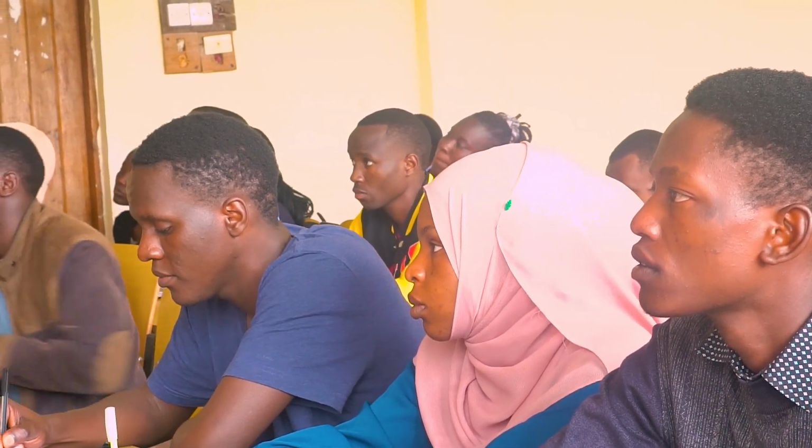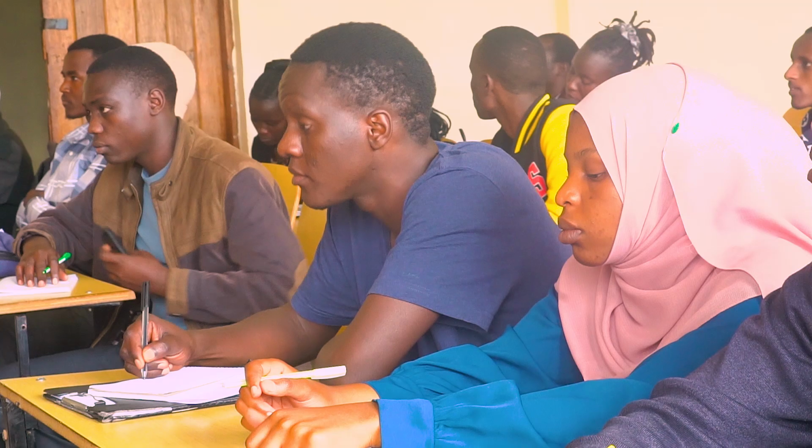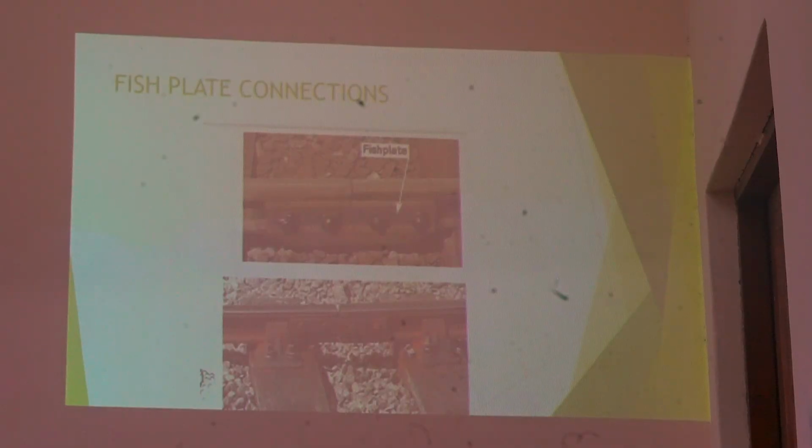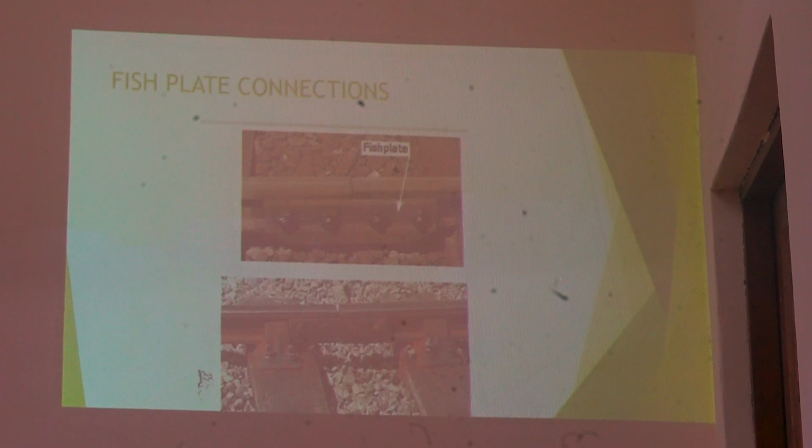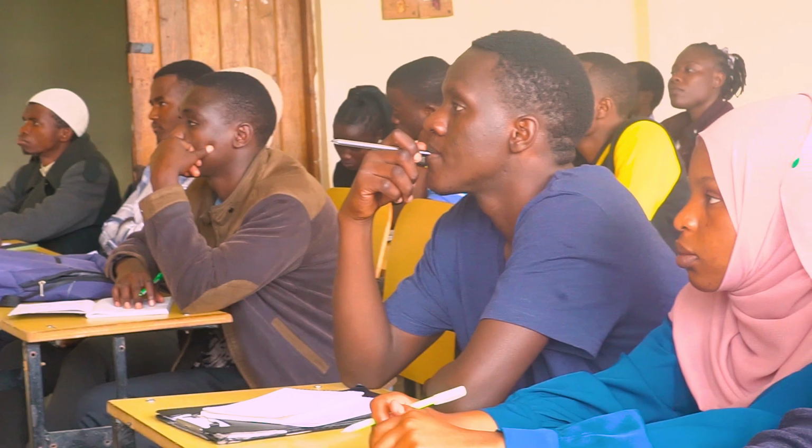Can you see it? If I indicate, is it showing here? Yeah, this type of joint, they call it fish plate. And you can see there is an expansion joint. There is a gap there, in order to counteract the effect of expansion.